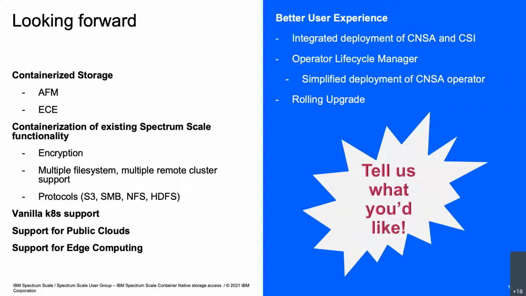A common misnomer that I think CNSA has is, hey, you put Scale in a container. True. But that doesn't mean that we have the full functionality that's realized in Spectrum Scale today. But we're working on it. And that's why I really wanted to highlight what we're going to look at going forward.